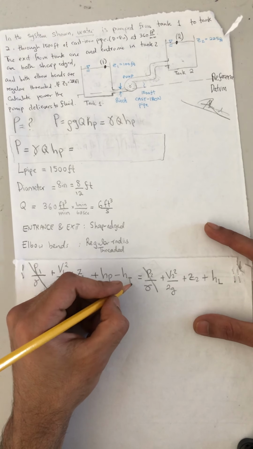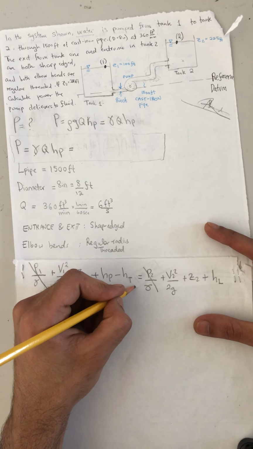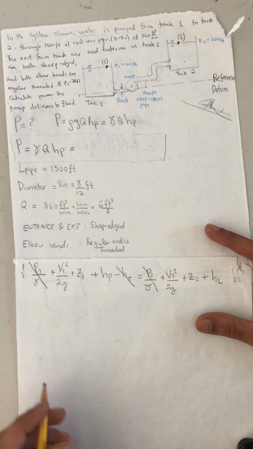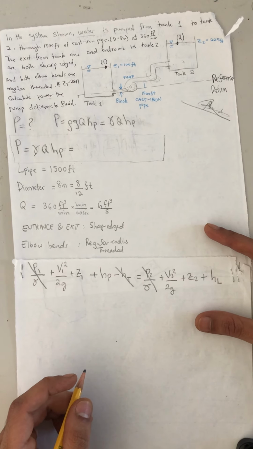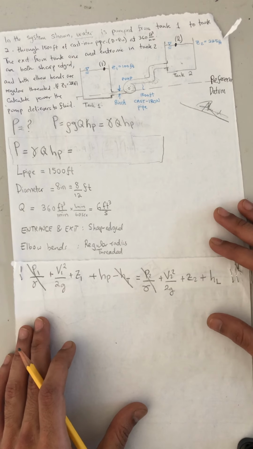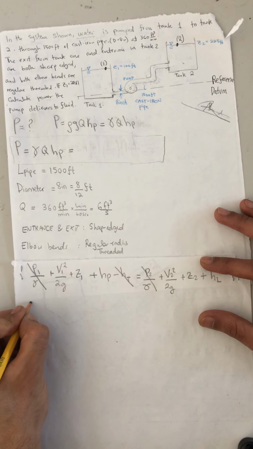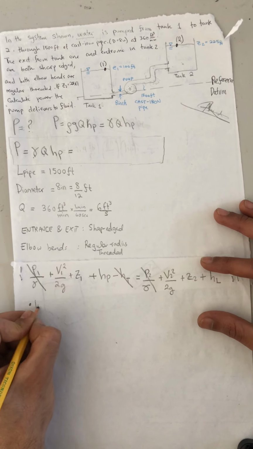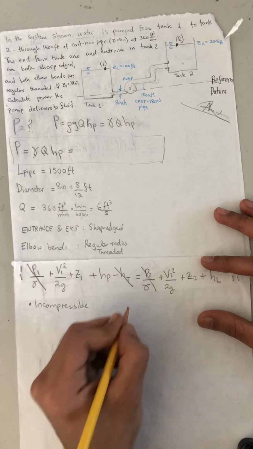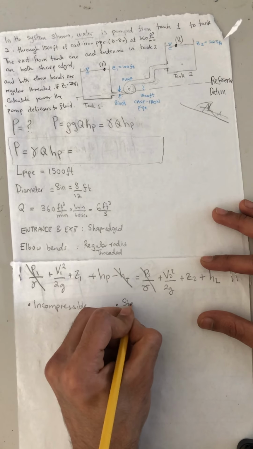And we do not have a turbine in our system, so the head extraction goes away. We are left with our velocities. We did assume for the Bernoulli's equation that our fluid is incompressible. It is at steady state.